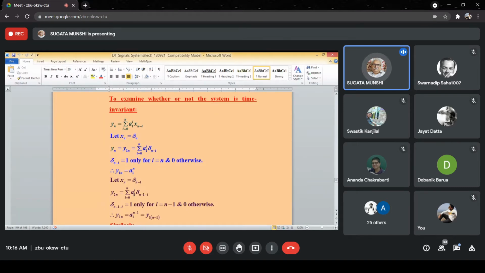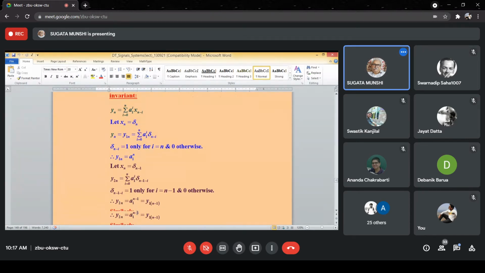So in this summation, only the term for i equal to n minus 1 will remain, and that delta[0] equals 1. So y2[n] will become a1 to the power n minus 1. That means y2[n] is y1[n minus 1]. So you have delayed the input by one sample, and the output also gets delayed by one sample.